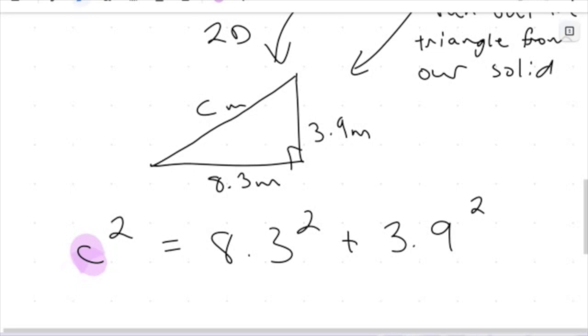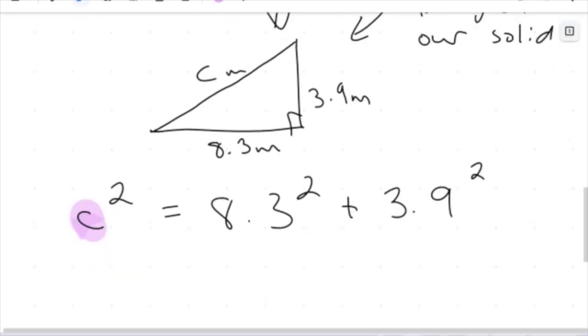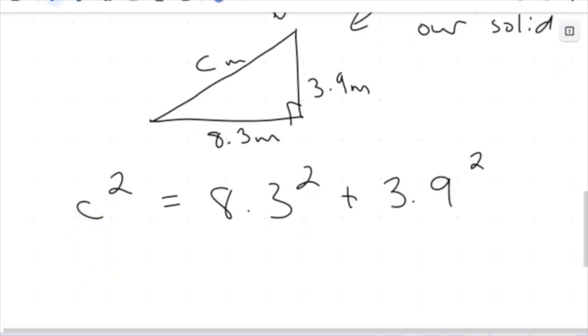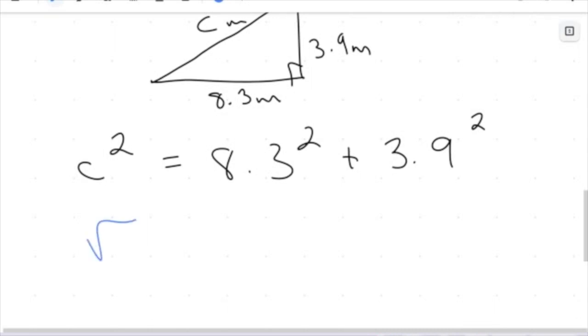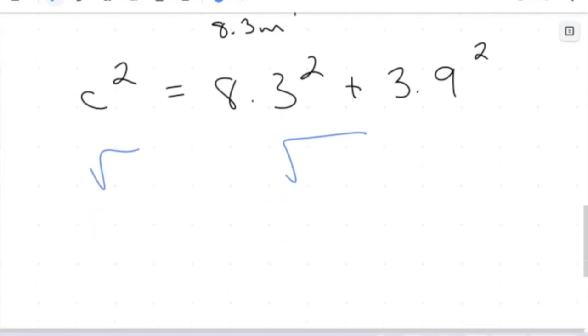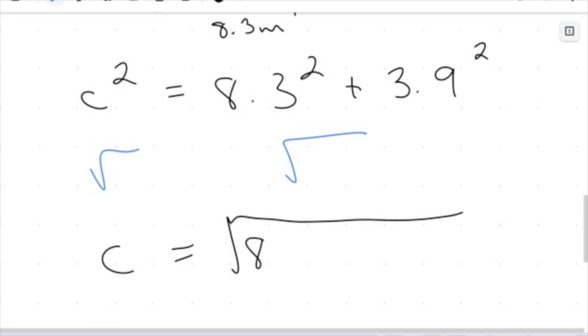So in order to find C, I can just take the square root of both sides, because taking the square root of both sides is going to undo the C squared to just give me C. And it's going to give me a length for it when I put this 8.3 squared plus 3.9 squared under my square root.